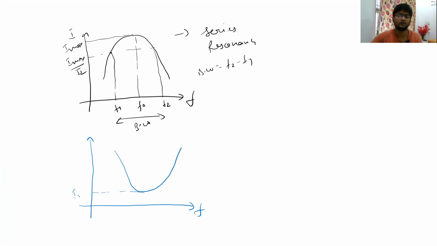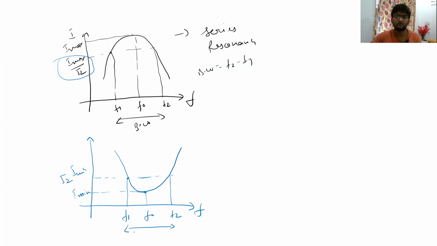Here I call it I minimum, and there will be a value of current which is, just the reciprocal, root 2 times I minimum, and the points where it will cut, let me call it F1 and F2, and the point at which the current was minimum, let me call it F0. So this particular range of frequencies is called bandwidth in the case of the parallel resonance case. So this is your parallel resonance case.